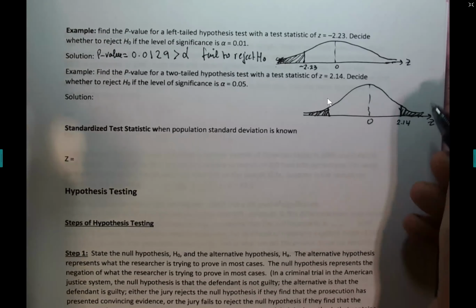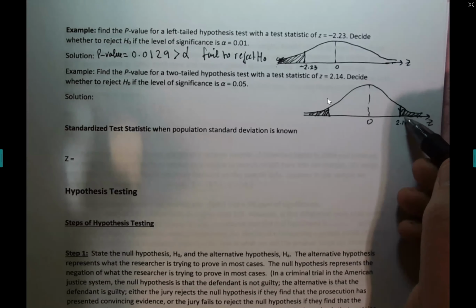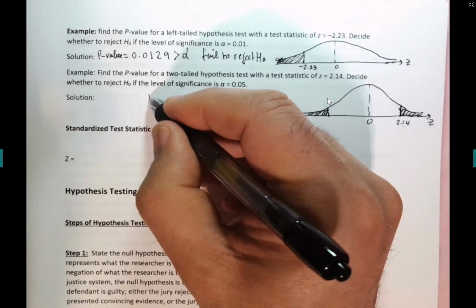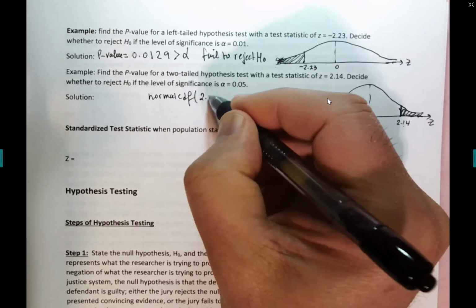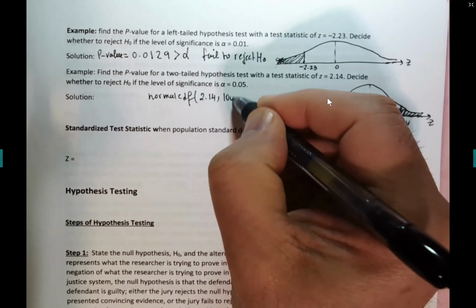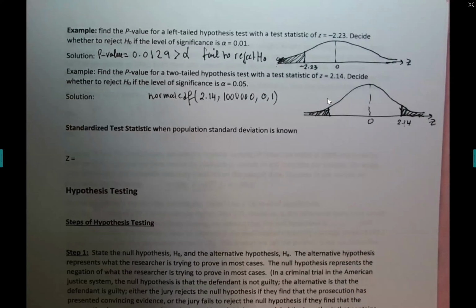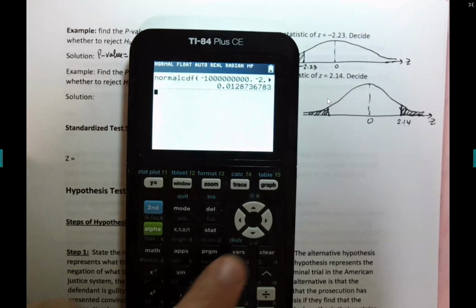But you can take only this area and multiply it by 2 because it's a two-tailed test. How do I find this area here? You do normal CDF. 2.14 is the lower bound, a million is the upper bound, and then 0 and 1. And then we multiply this answer by 2 because I have two shaded regions.